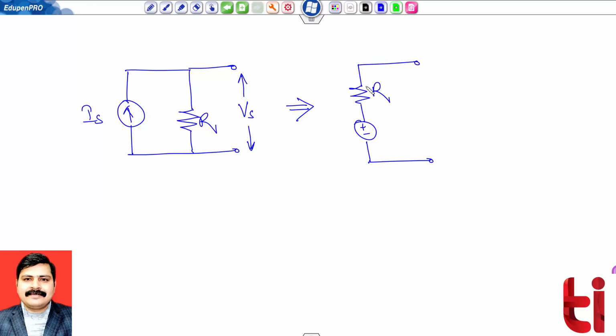So the resistance values are the same, and now the value of this voltage source Vs becomes Is into R from Ohm's law. So this is conversion from current source to voltage source.